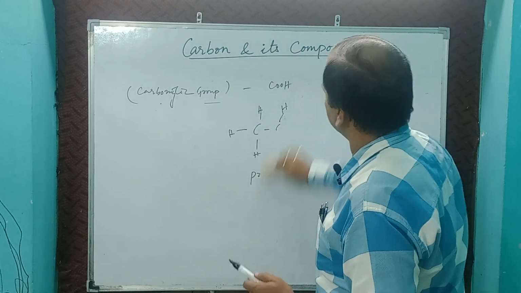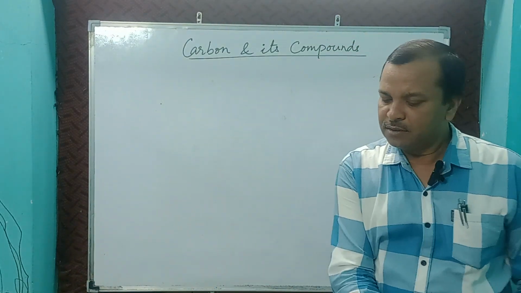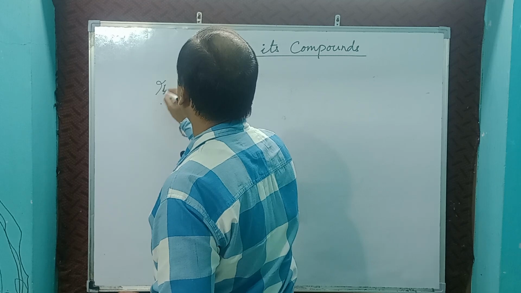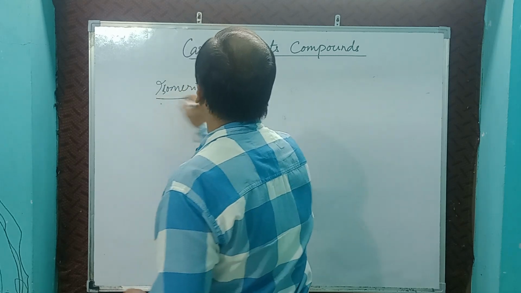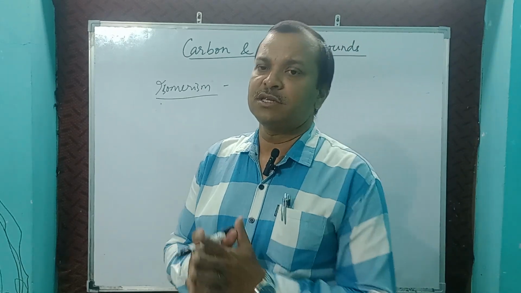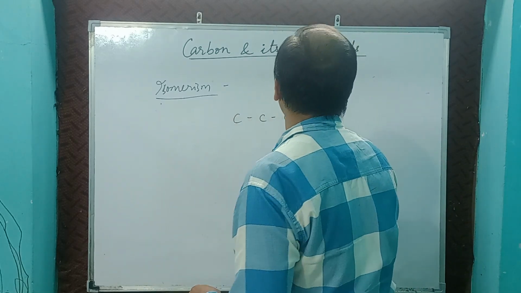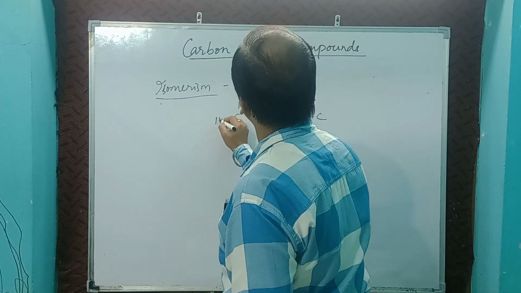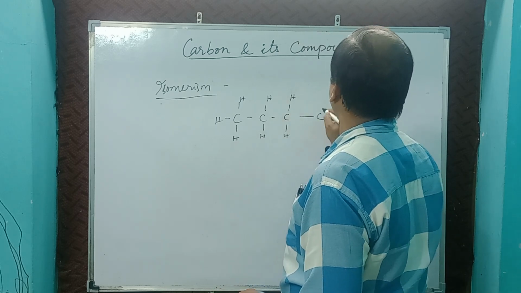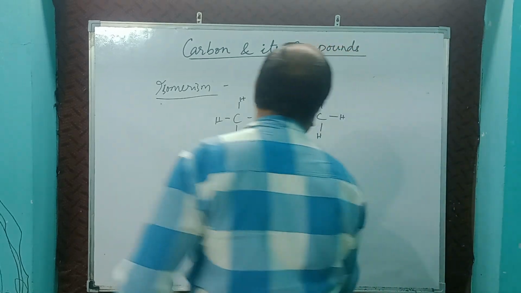Clear? So from this, one question will definitely come. Be careful. One sure shot question will be: what is isomerism? Isomerism means the molecular formula will be the same, but the structure will be different. For example, suppose we take it like this, and we can write it like this also.